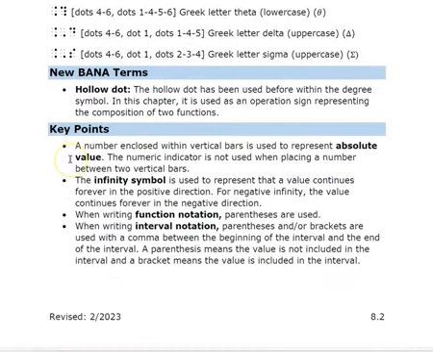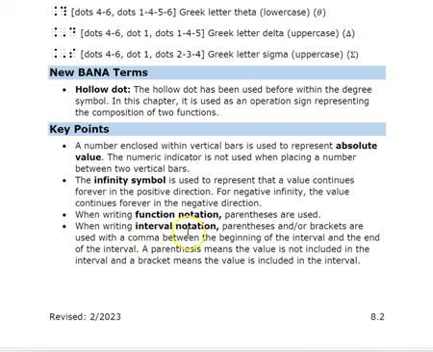Okay? Key points. The number enclosed in vertical bars is used to represent absolute value. The numeric indicator is not used when placing a number between the two vertical bars. The infinity symbol is used to represent that a value continues forever in the positive direction. For negative infinity, the value continues forever in the negative direction.